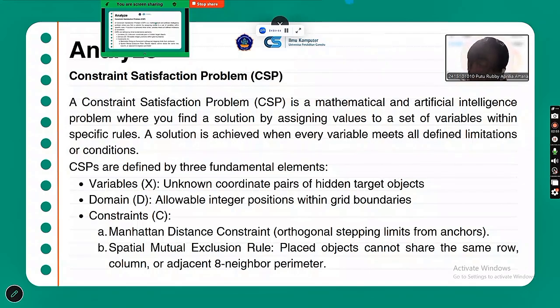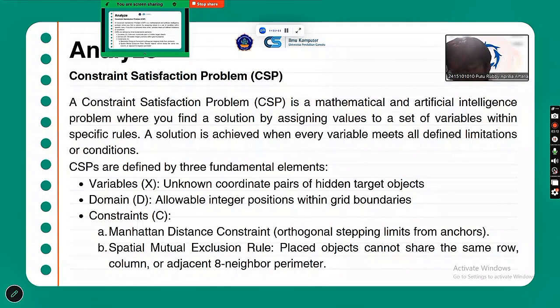This is a mathematical and artificial intelligence problem where you find a solution by assigning values to a set of variables within specific rules. A solution is achieved when every variable meets all defined limitations or conditions.